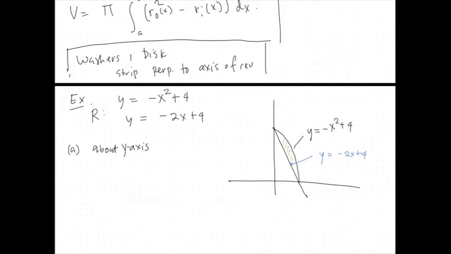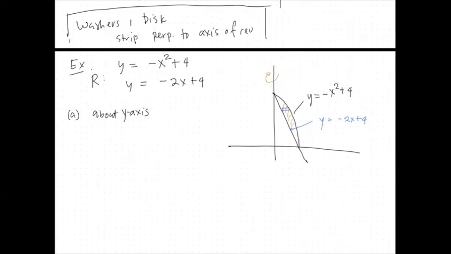First is about the y-axis. So we will revolve this about here. And of course, if we revolve that about there, you get a strip which is perpendicular to the axis of revolution. So this means that your x is square root of 4 minus y, but you just get the positive because it's at this part here.